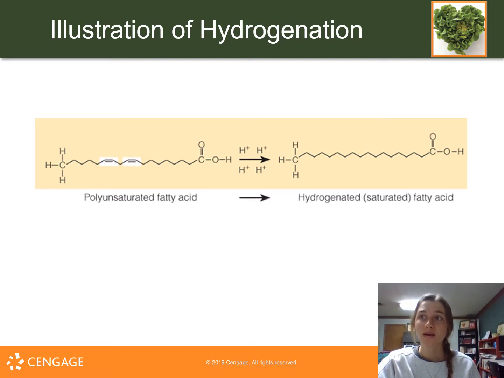So this is a good illustration. Here the double bonds in a polyunsaturated fatty acid carry a slightly negative charge and are ready to accept positively charged hydrogen atoms. So they accept those hydrogen atoms and turn into a saturated fatty acid. Most often this will create a partially hydrogenated oil, and that itself is a trans fatty acid.